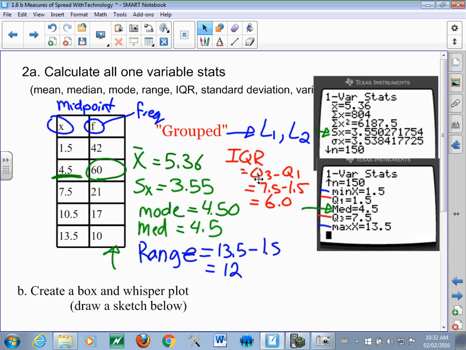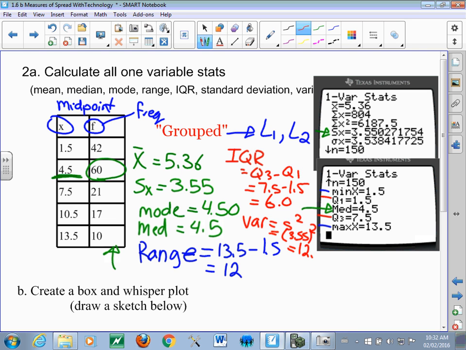And ladies and gentlemen, I think I forgot on the last one to do my variance, but we'll do it here. So variance equals your standard deviation squared. So you just take 3.55 and square it, which equals 12.0. In most society, you don't deal much with the variance, you deal with the standard deviation.